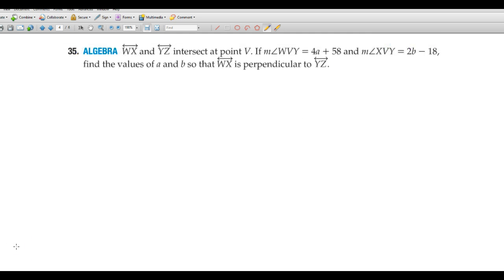Line WX and line YZ intersect at point V. If the measure of angle WVY equals 4A plus 58, and the measure of angle XVY equals 2B minus 18, find the values of A and B so that line WX is perpendicular to line YZ. So start by making a diagram.